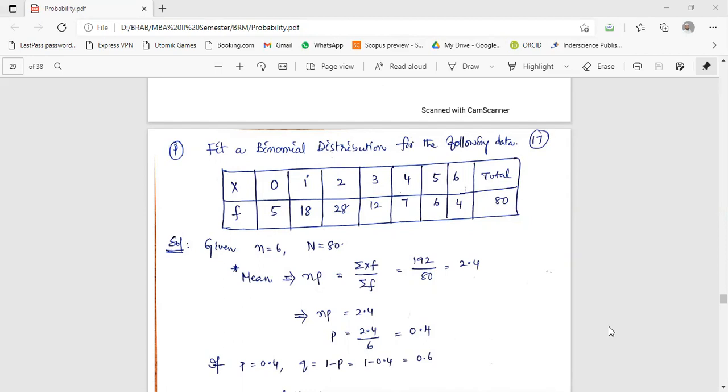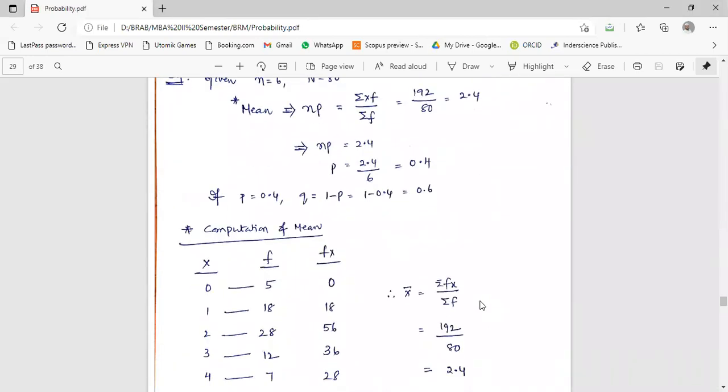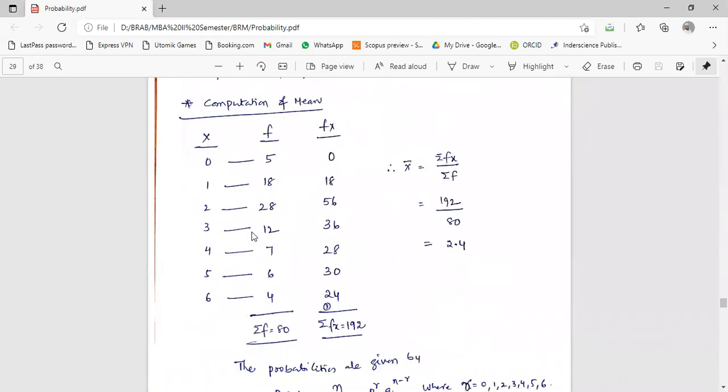Now you have to find out the mean. How will you find it? So computation of mean is required. The x value is given, the f value is given. Now we need to find out fx. So 0 into 5, 0. 1 into 18, 18.